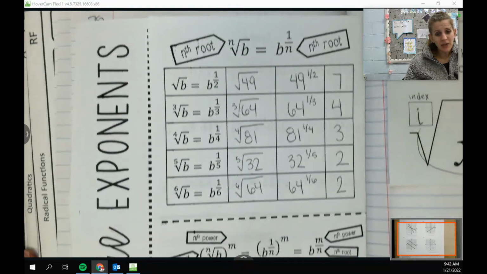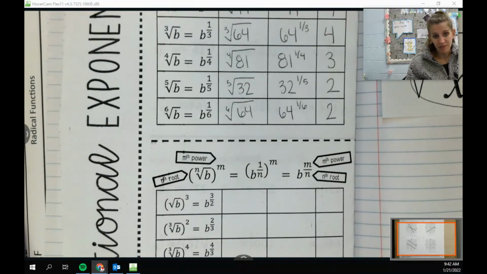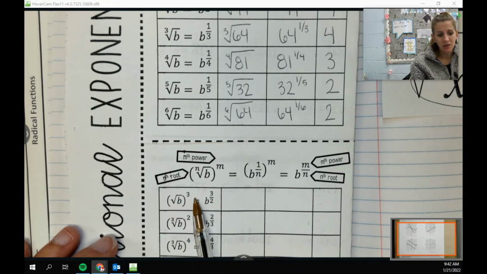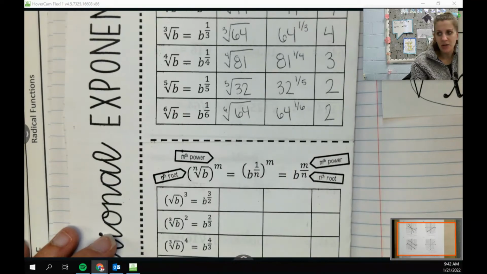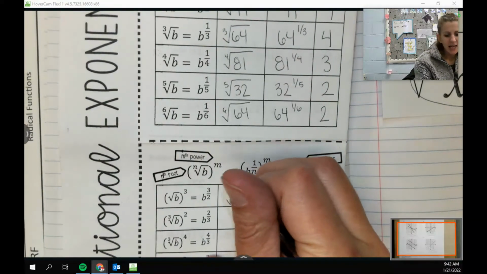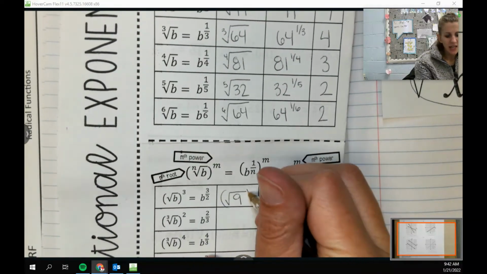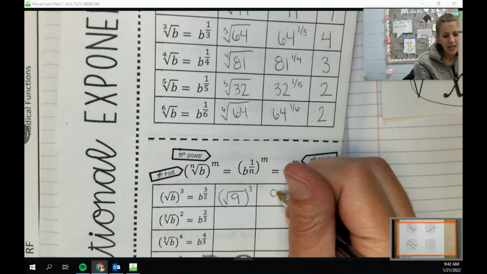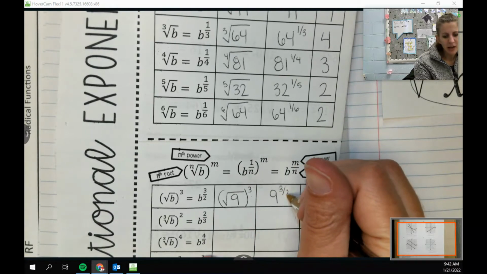But you can also do it with different exponents. So like if my exponent is 3 and my root is 2, remember exponent stays, root goes under. And so if I had the square root of 9 to the 3rd power, I could also write that as 9 to the 3/2 power.